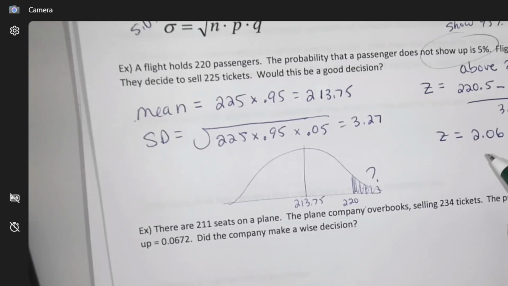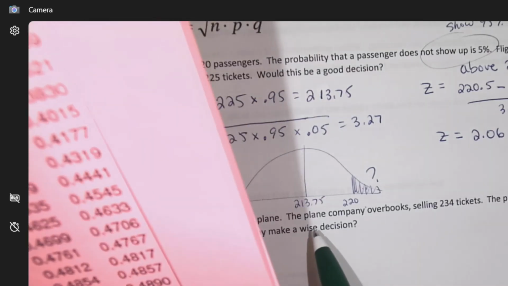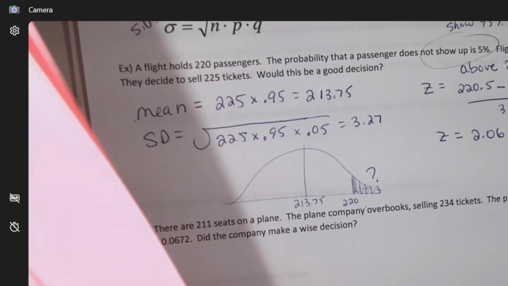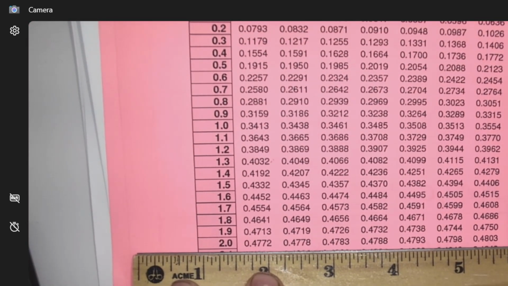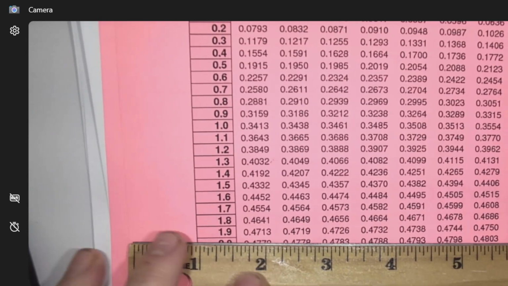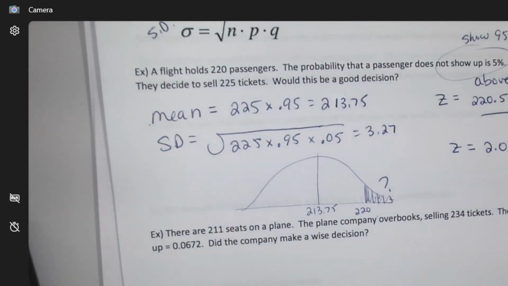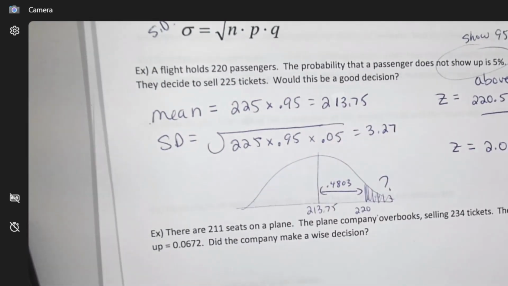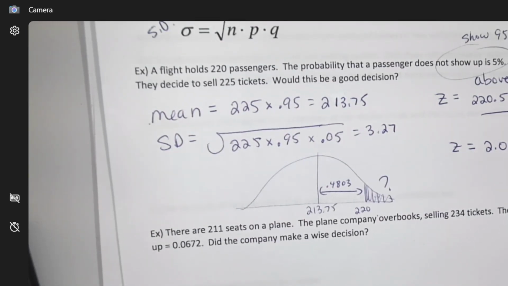Okay, so I have a z-score now. What am I going to do? Look at your chart. Look at my chart. 2.06. I've got to have my ruler, my eyes don't work as good as they used to. 2.06, getting 0.4803, that one. That's the percent between the middle and where I am.